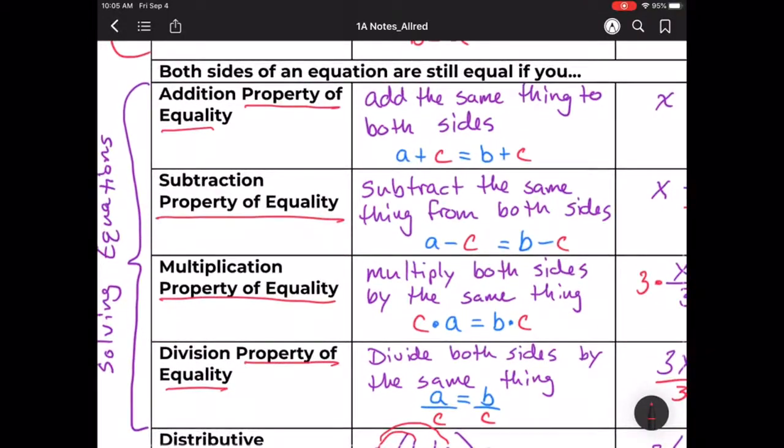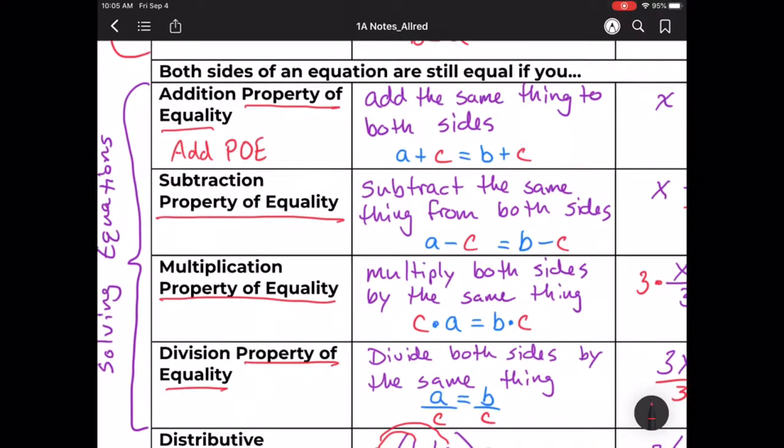So the addition property of equality we can abbreviate as add P-O-E, property of equality. That abbreviation we're going to use a lot today. All that means is the addition property of equality basically says both sides of an equation are still equal if you add the same thing to both sides.